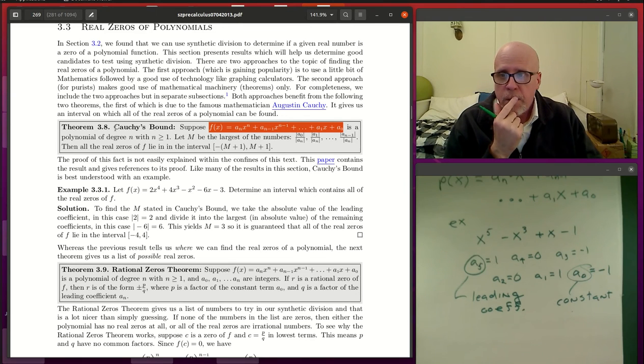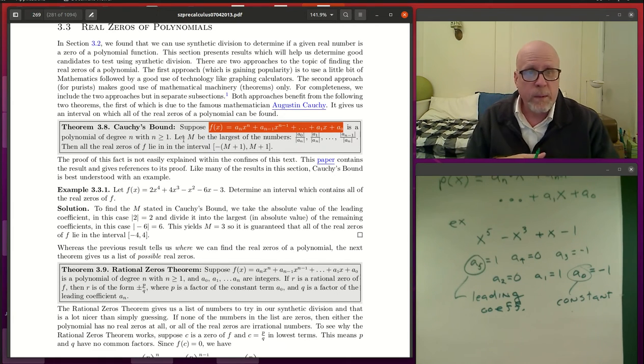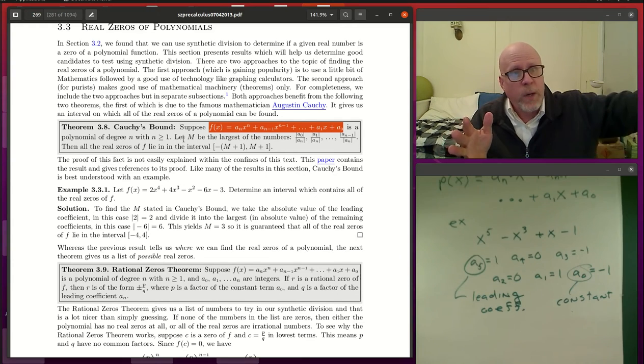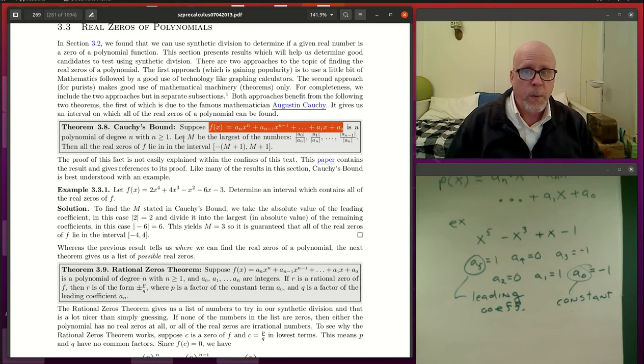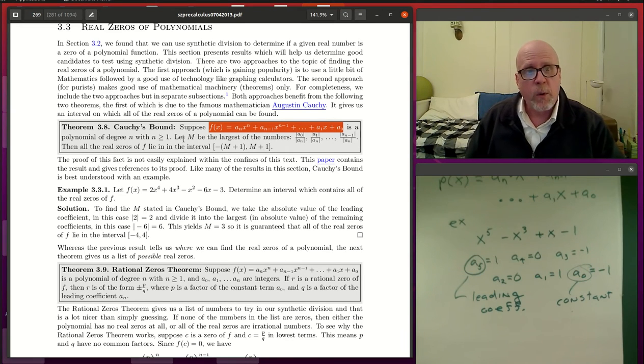And this first theorem, 3.8, Cauchy's bound, is giving us a sort of limitation on where we need to look. You don't have to worry about zeros showing up way off down either end of the real line. Cauchy's bound tells you, in fact, you can find a pretty small region where you search for the zeros. It'll always be in between two numbers.